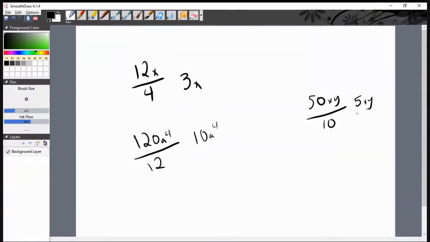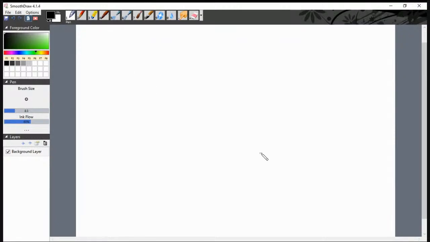If you have a problem like number 25, where it's 20a to the 3rd power over a to the 2nd power, what do I do with my exponents?